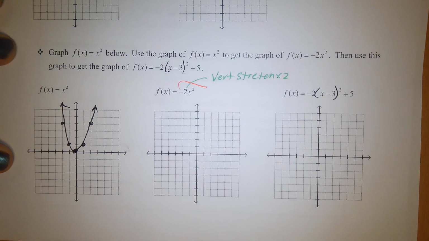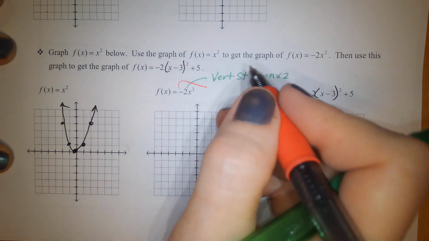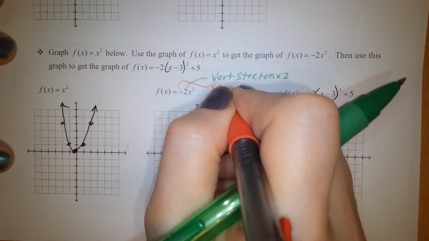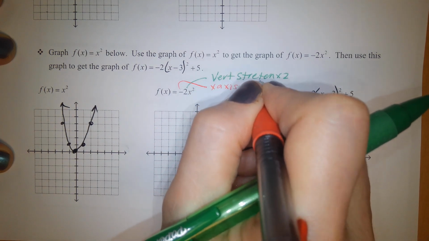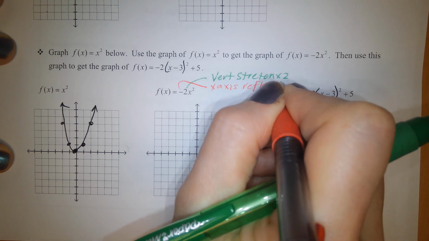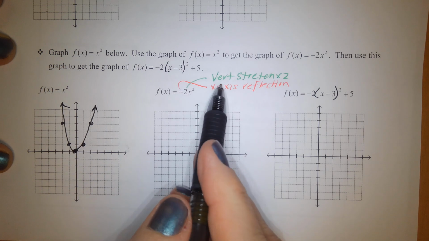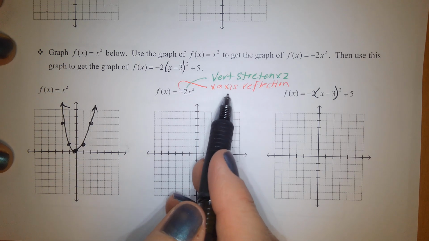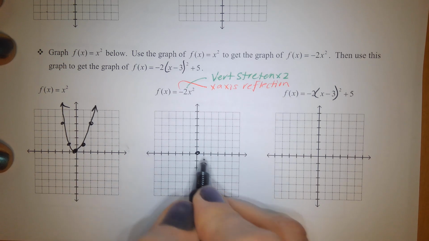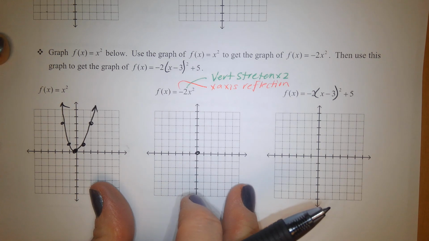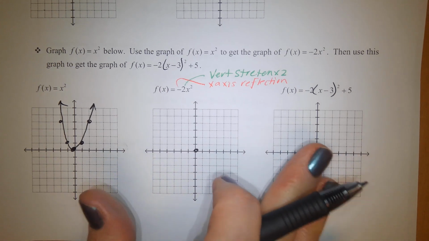A negative on the outside of the function is an x-axis reflection. So we're going to take this original graph and at the same time we're going to take each point and stretch it and reflect it. But remember that anchor point does not move until I shift, which will be in the last part over here.